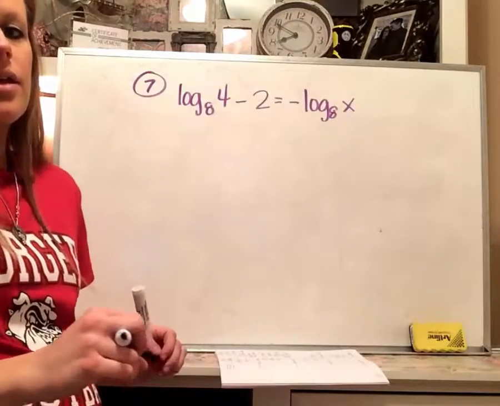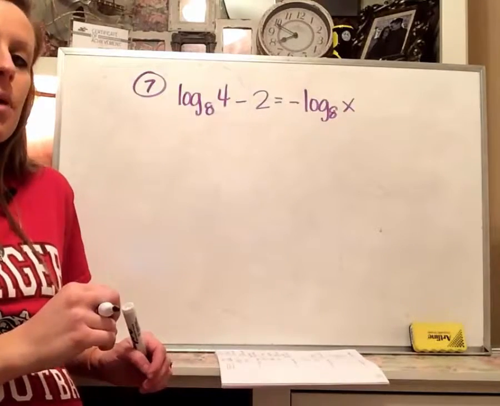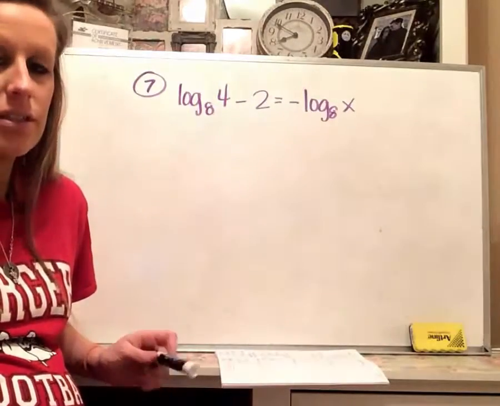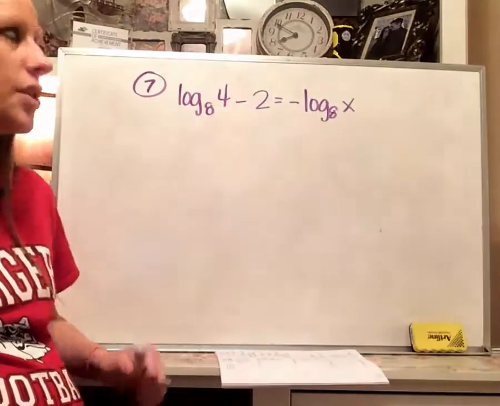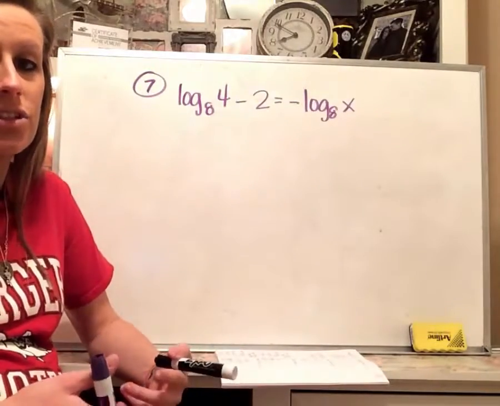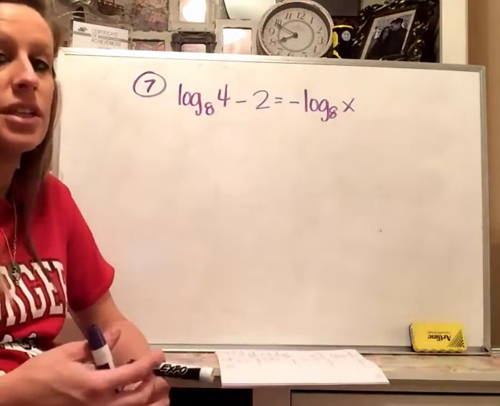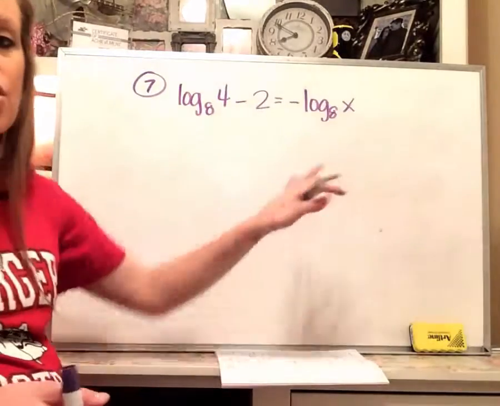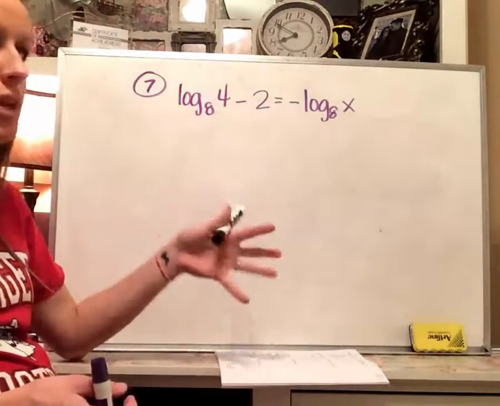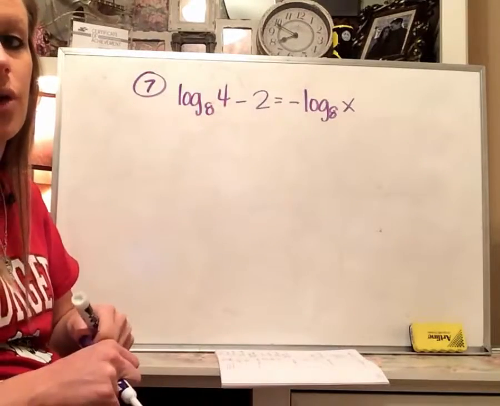Like I said on the last problem, solving for logs is very similar to solving for x. You know how we have to have x on the same side to solve? We have to get them together. Same thing with logs. You have to get the logs on the same side before you can change it to exponential form.